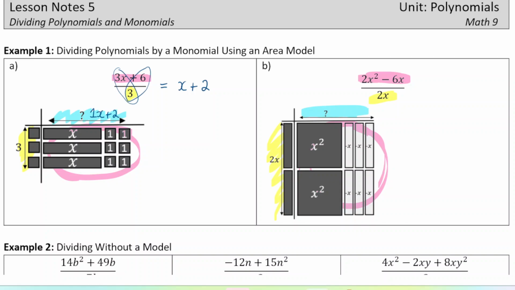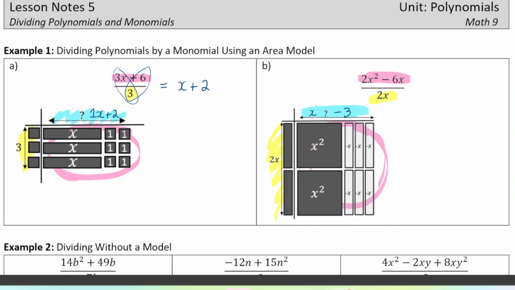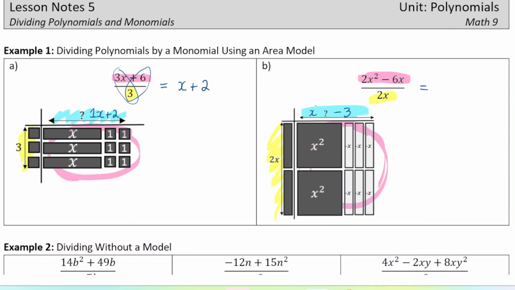So we need to multiply by 1x, and then negative 3. To be x minus 3. Okay.